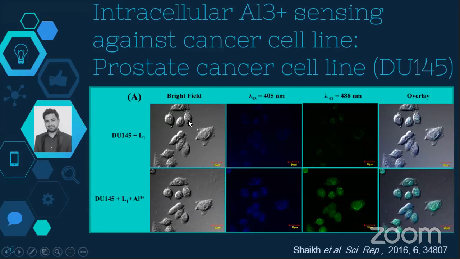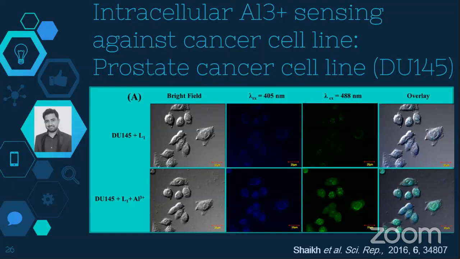And here are the images. L1, along with its low toxicity, was employed as an intracellular aluminum 3 plus sensor using confocal laser scanning microscopy.